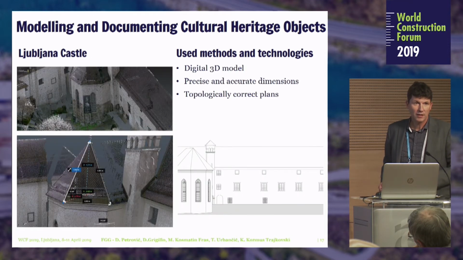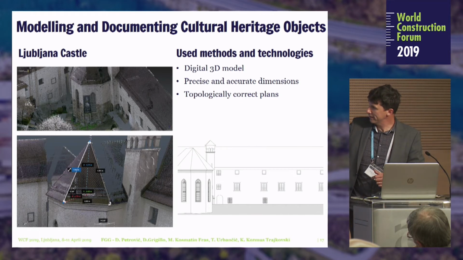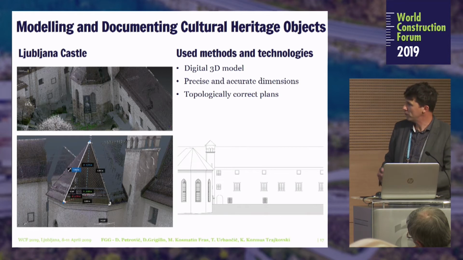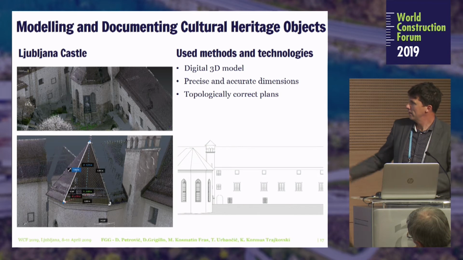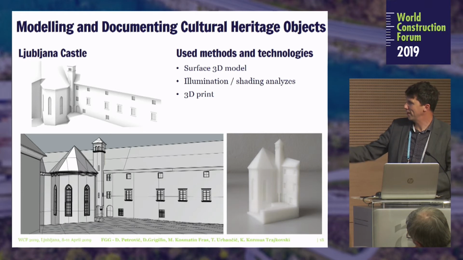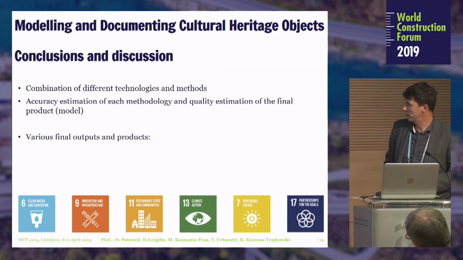But of course, another advantage of this type of data is a much more detailed presentation and direct metric information. So if we really need exact metric information, this technology can be used. And then, of course, from this data, you can get topologically correct plans and some other possible applications like shading analysis, again 3D print, and so on.